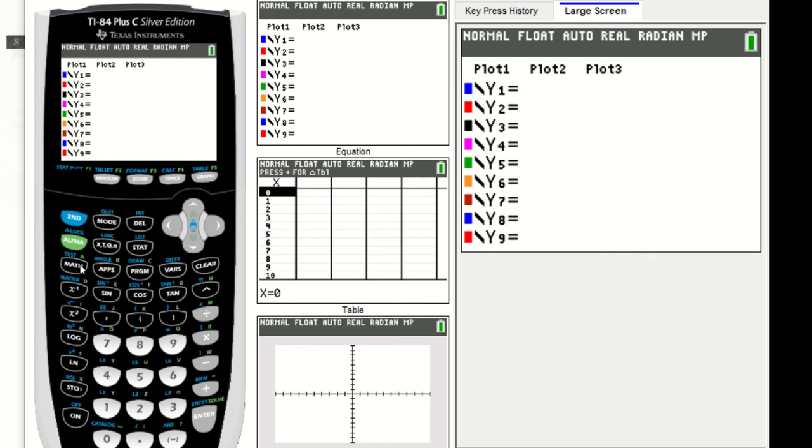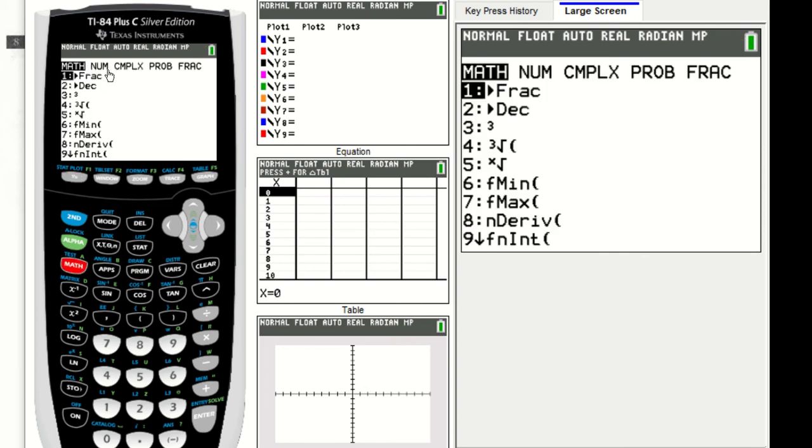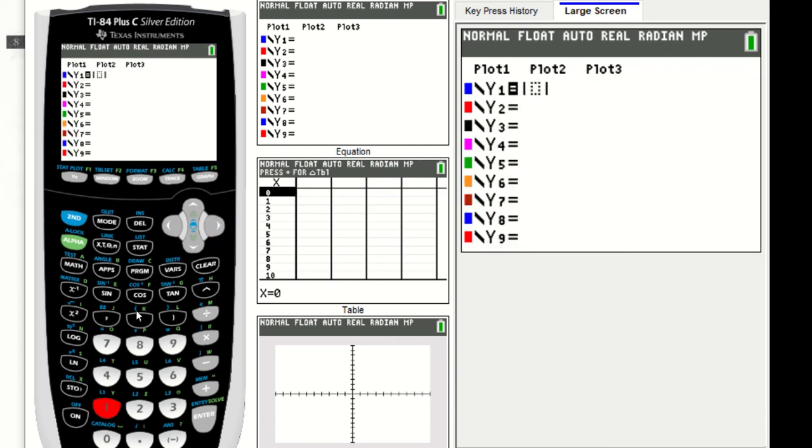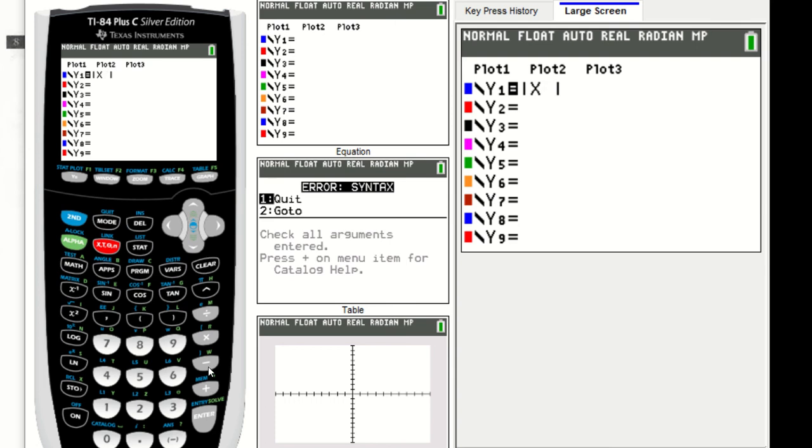You'll go to Math, and then Num, abs, and then we'll look at x minus 1, plus 1, and then we can look at the graph.